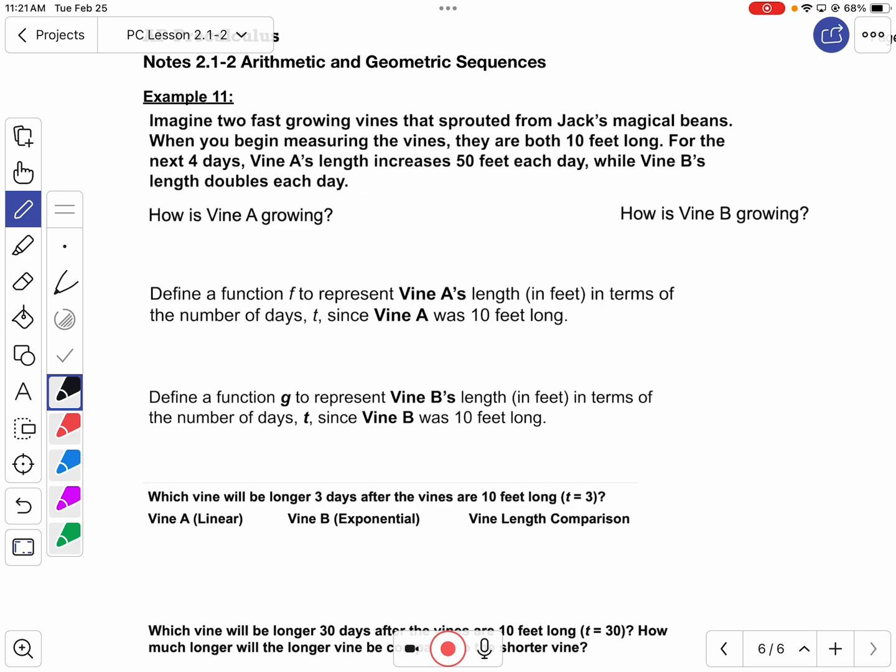For the next 4 days, vine A's length increases 50 feet each day, while vine B's length doubles each day. How is vine A growing? It's linear, it's arithmetic. Let's just say linear, I can spell that. And then how's vine B growing? Exponentially.